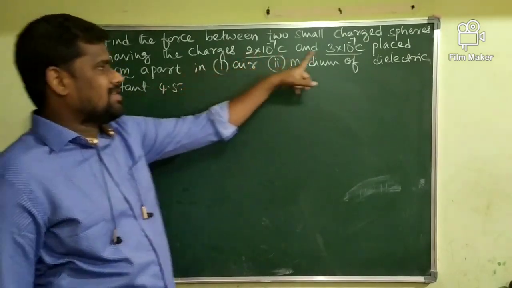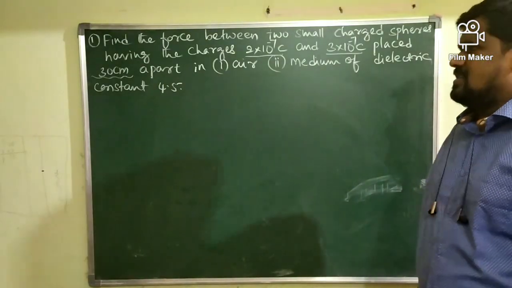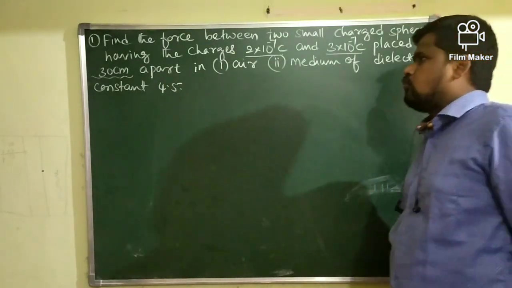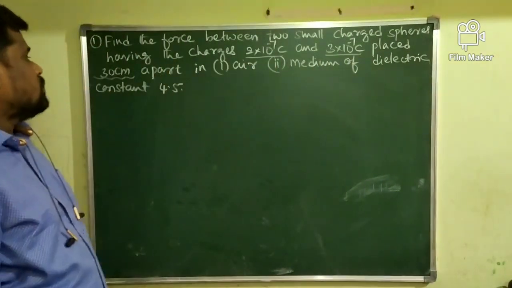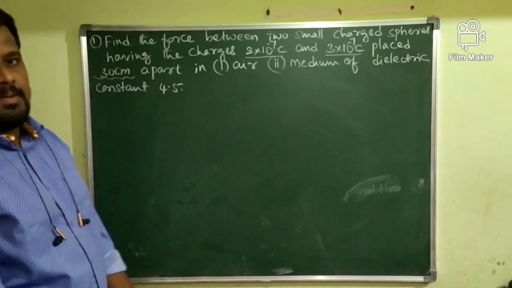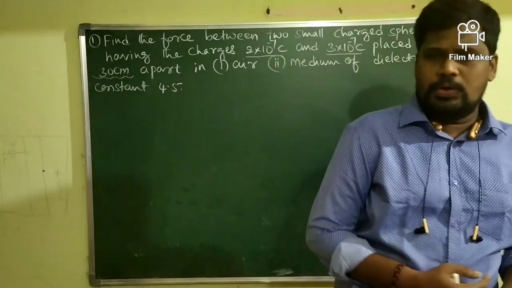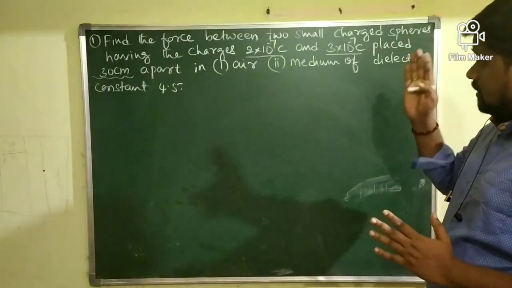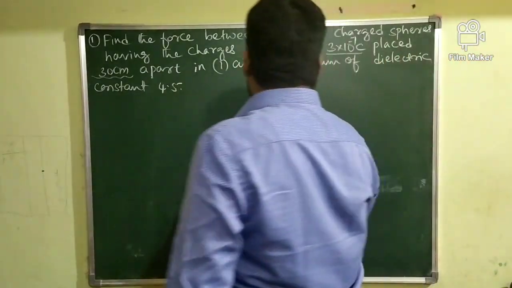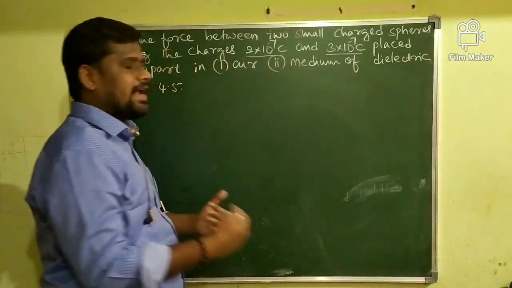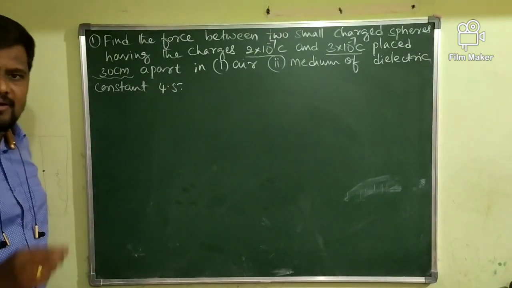Means two charges are given and distance between the charges is given. They are asking you to find electrostatic force between the two charges in air medium in the first case, and in the second case you have to determine electrostatic force between same two charges in a dielectric medium of dielectric constant 4.5 here.